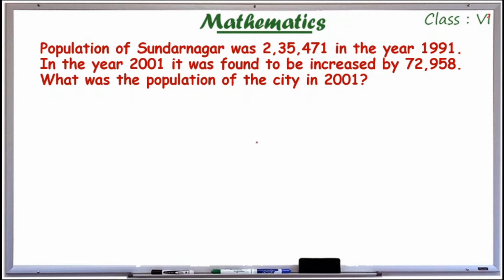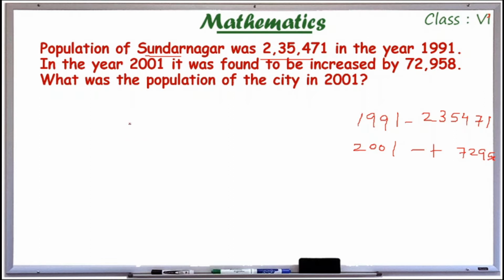So in 1991 the population was 2,35,471, and in 2001 it is increased by 72,958. In 2001, what is the population?